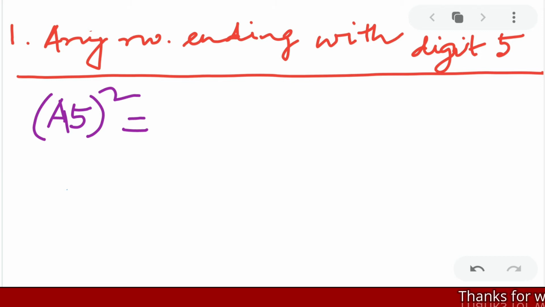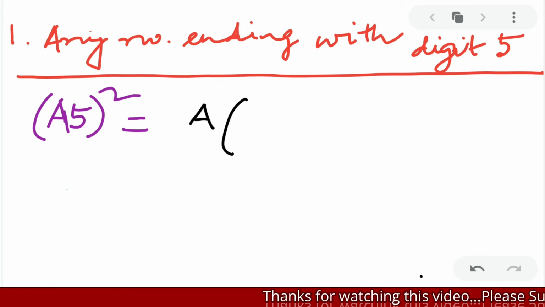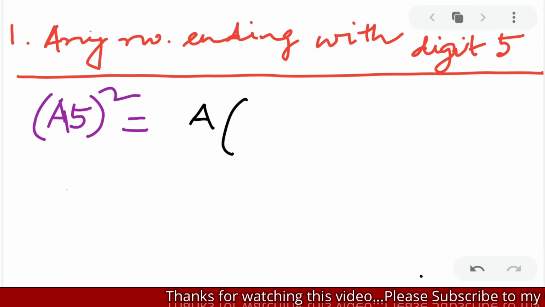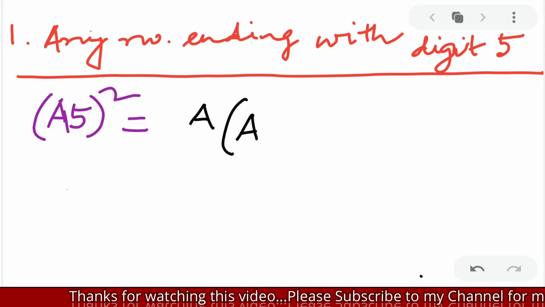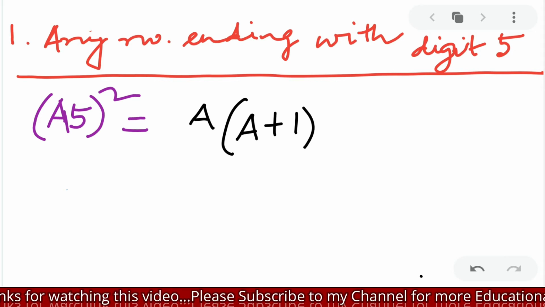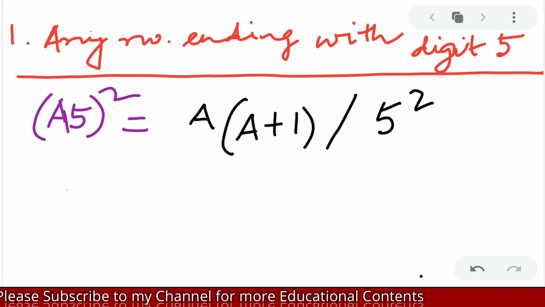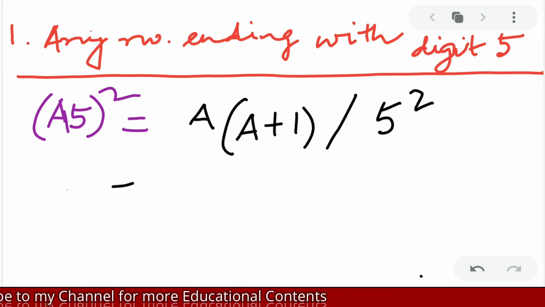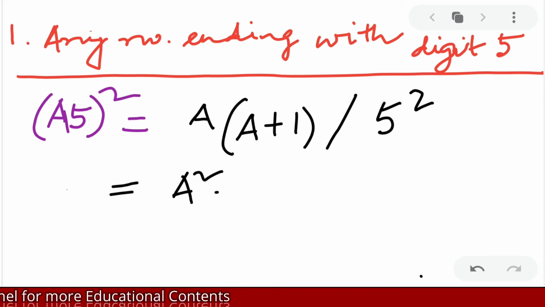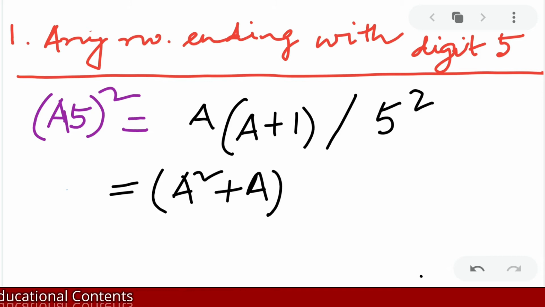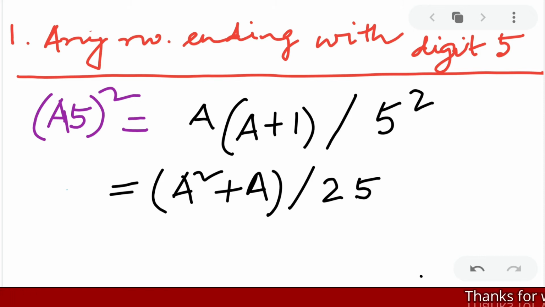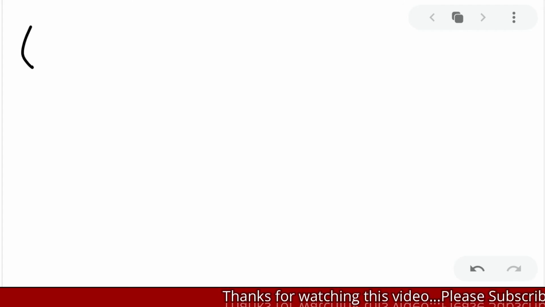We can directly find it: the first digit a into the next number, a plus 1, on the left-hand side, and 25 on the right. For example, take the square of 25.